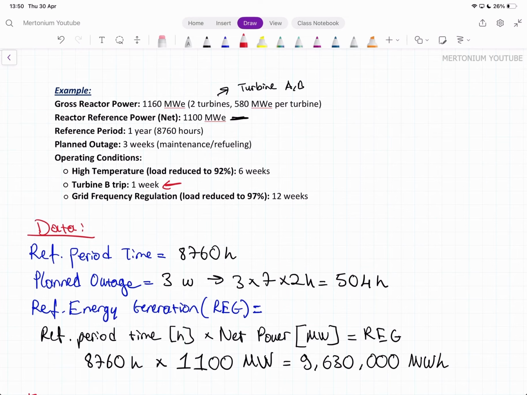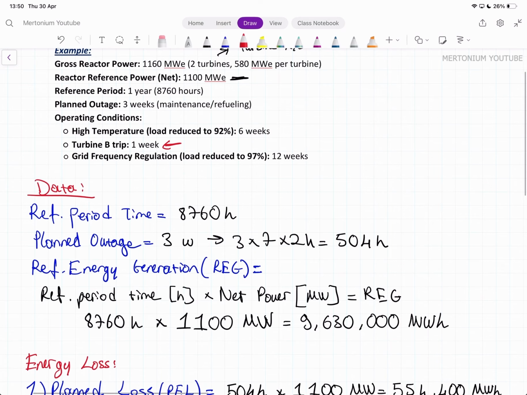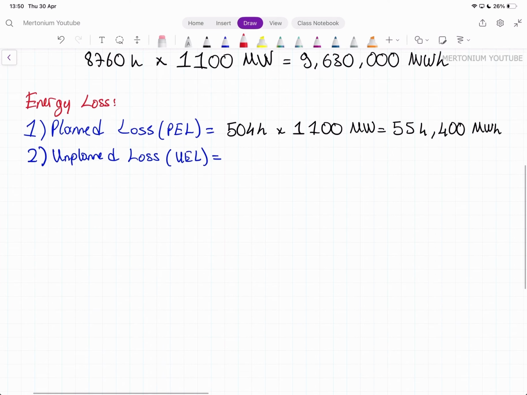So this is an unplanned loss. We didn't really plan ahead that one of the turbines would be out of commission. So we will include this loss, obviously. And let's write here, turbine B trips for 1 week.